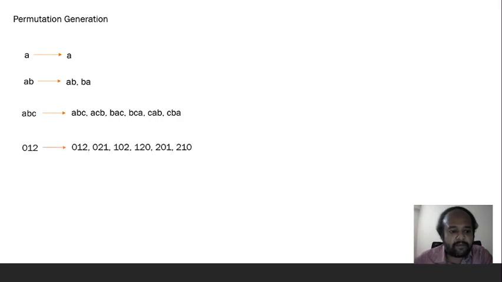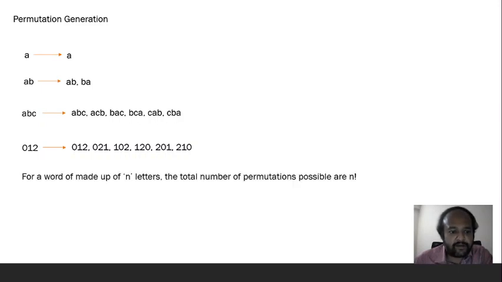Right? And the same can be generated if the input word is made up of numerical characters as well, right? 0, 1, 2, you can see the 6 possible permutations that you could get. So basically, we can see the pattern that if a word is made up of n letters, the total possible permutations are n factorial.